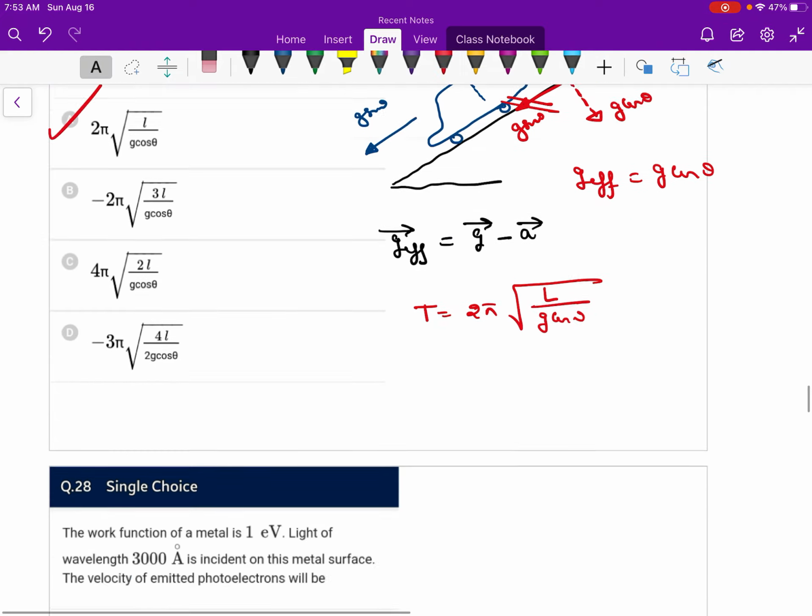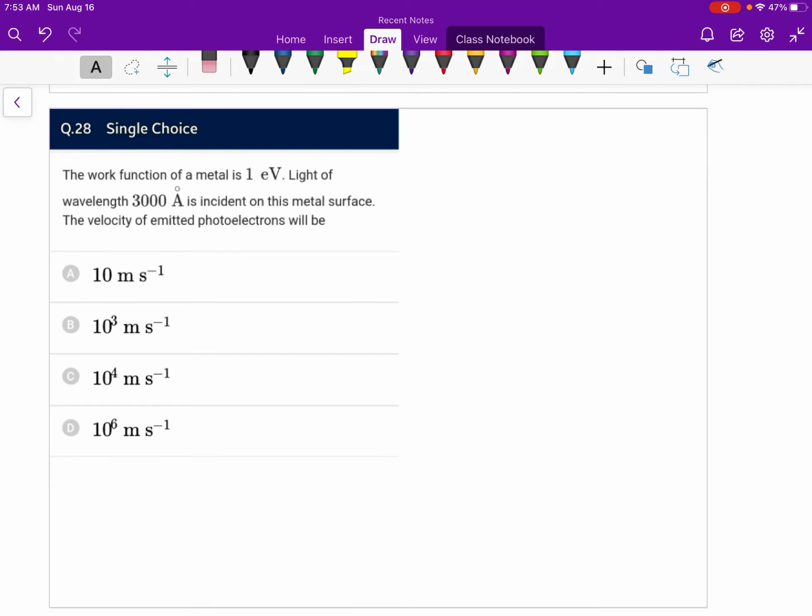So this is a standard question you might have solved in your exercise as well. The work function of the metal is given, light of wavelength lambda is incident, and we want the velocity of emitted photoelectrons. So half mv square, we are talking of the maximum speed of the emitted photoelectrons. So half mv square is hc by lambda minus 5.